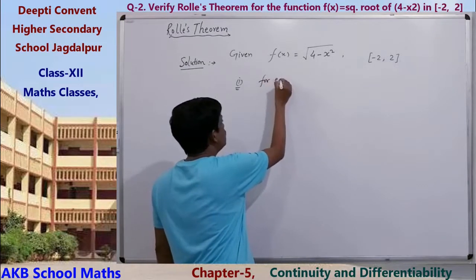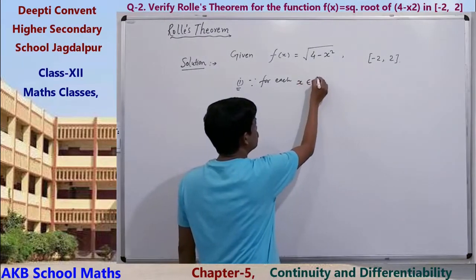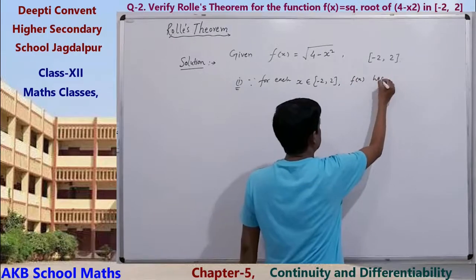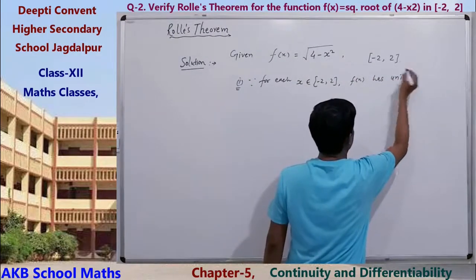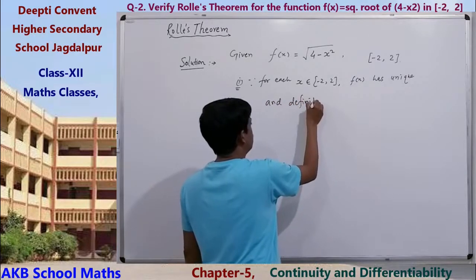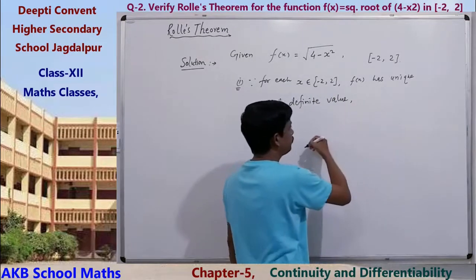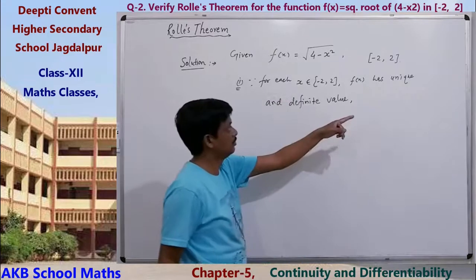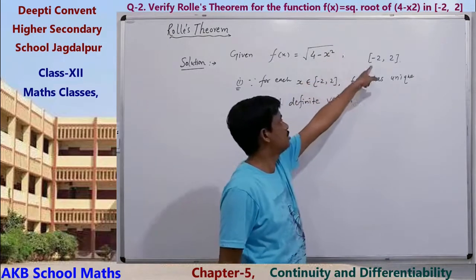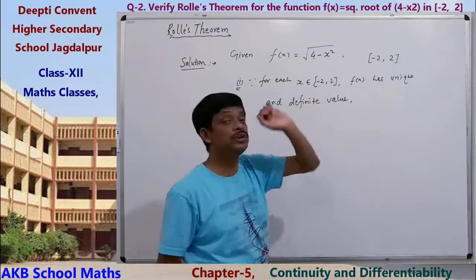For each x belonging to minus 2 to 2, f x has a unique and definite value. We can see here the value will be either minus 2, plus 2 or any value in between, then we can get a definite and unique value.